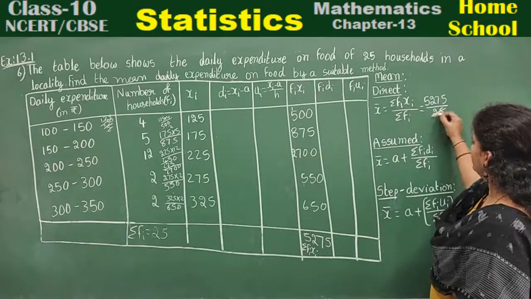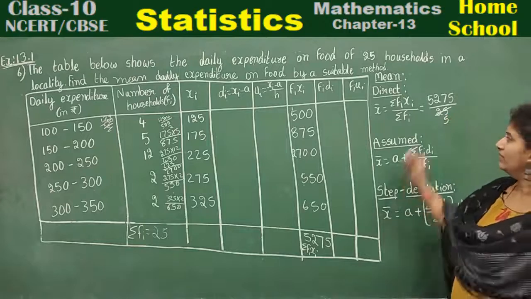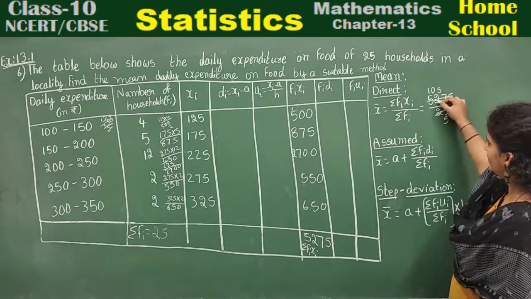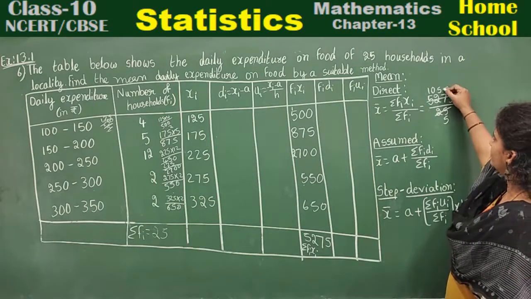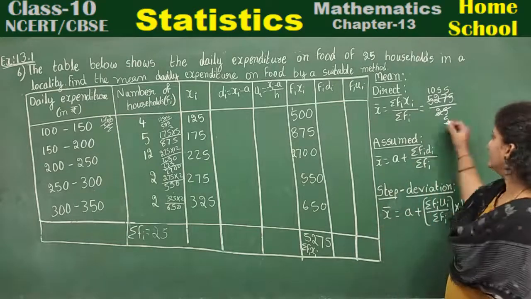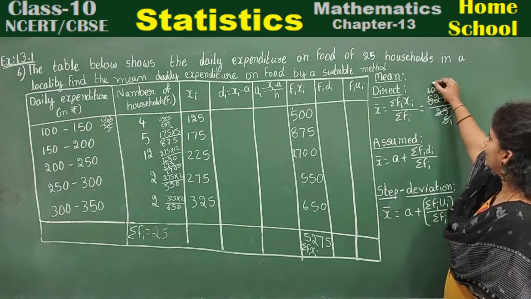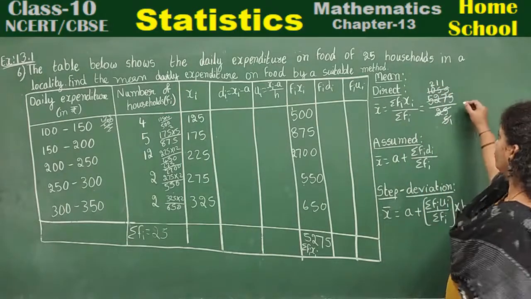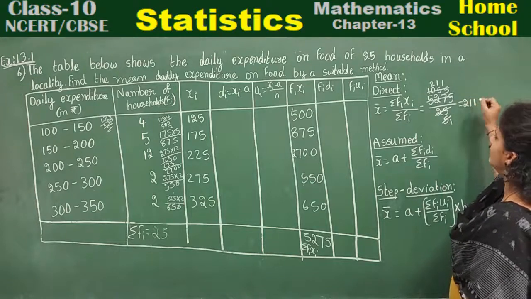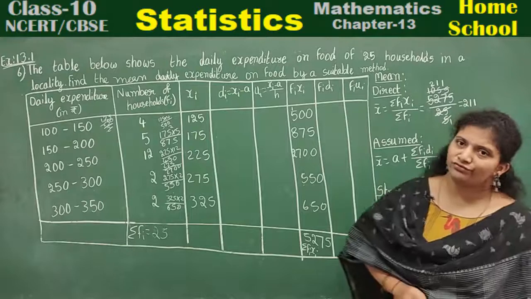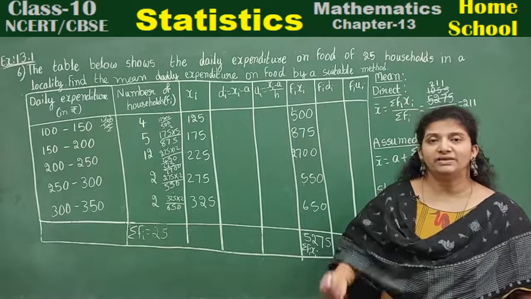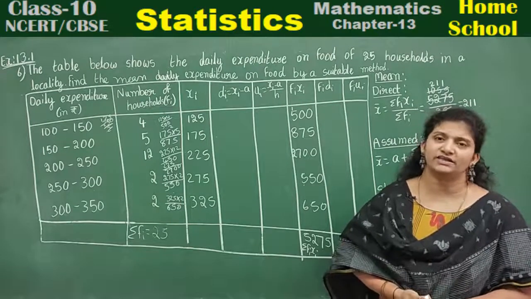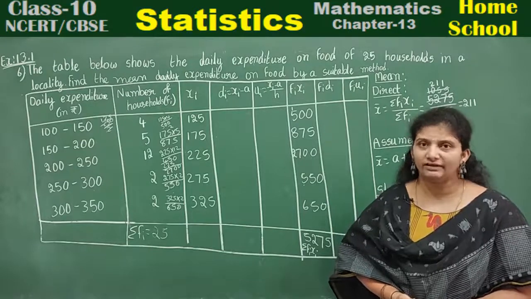Let's divide now. 5275 divided by 25. Therefore, your answer is 211, the mean value for this problem. Mean means the average food expenditure of a household per day.